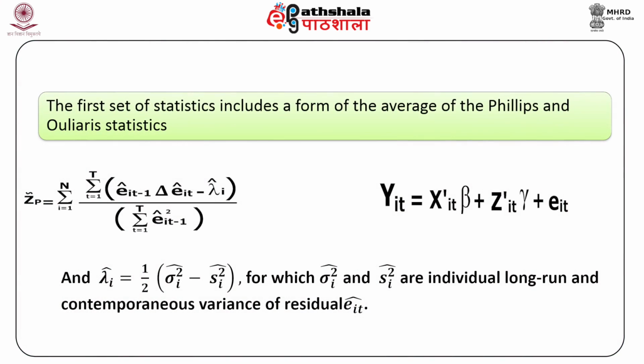The first set of statistics include a form of the average of the Phillips and Ouliaris statistics.